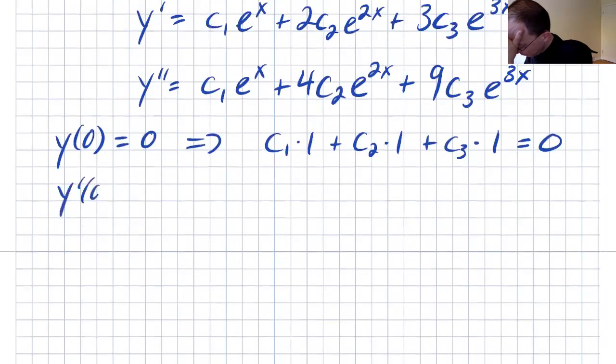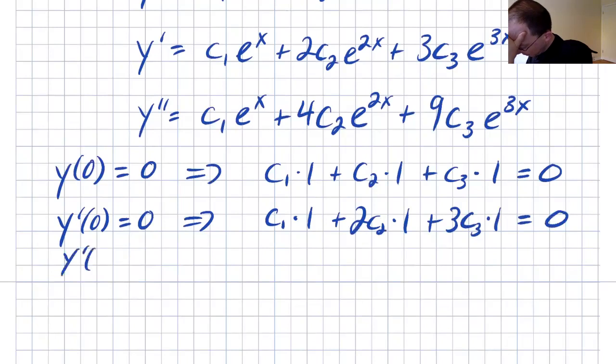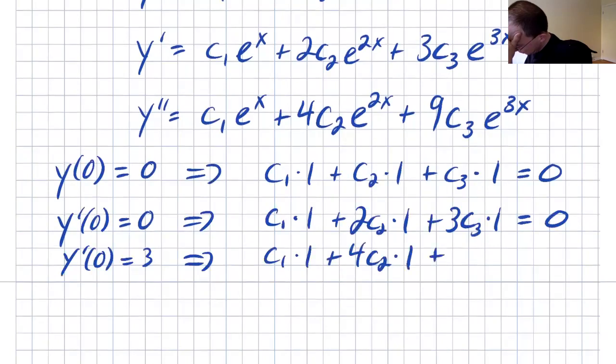Okay, y prime of 0 equals 0. We get c1 times 1 plus 2c2 times 1 plus 3c3 times 1 equals 0. And y double prime of 0 equals 3. This gives us c1 times 1 plus 4c2 times 1 plus 9c3 times 1 equals 3.